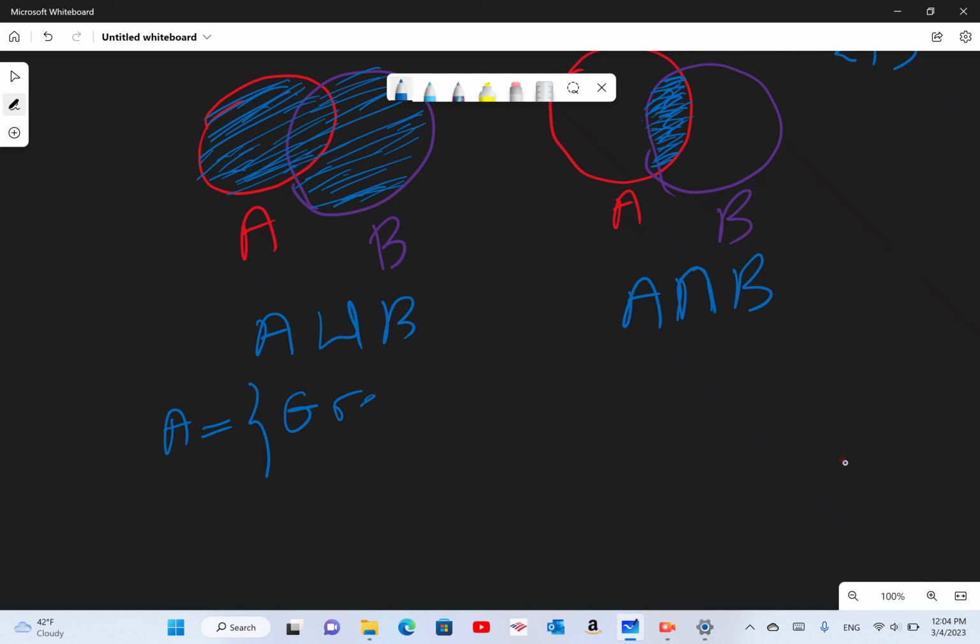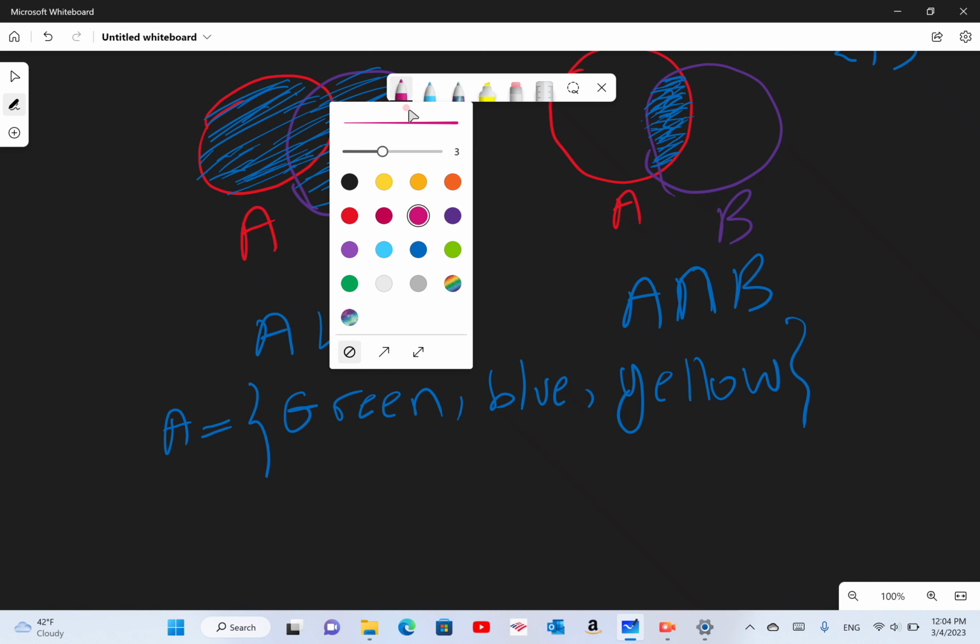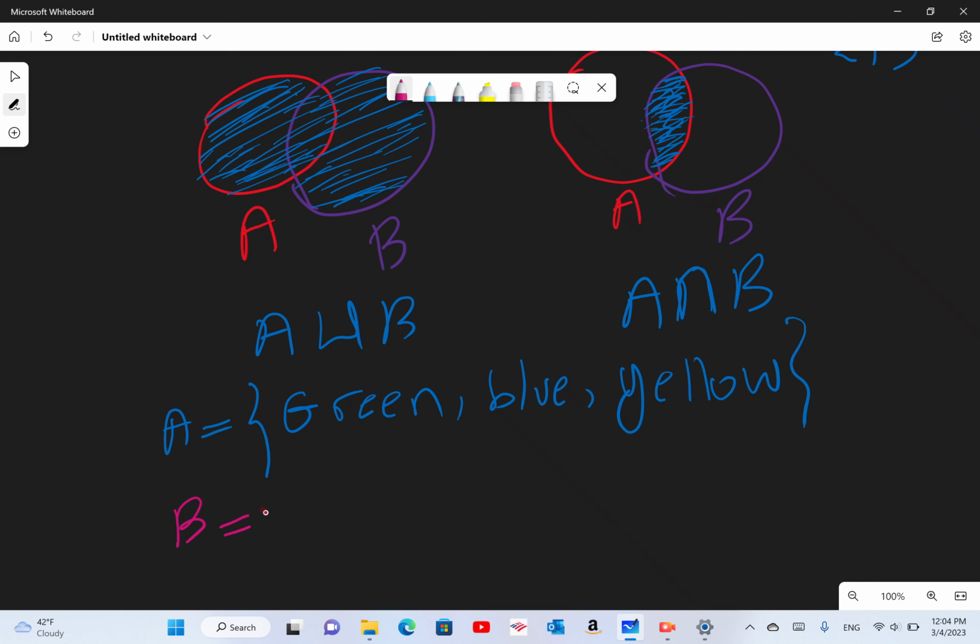Let's say my set A has green, blue, and yellow, and we have a set B, and this set B has the elements brown, green, and black.